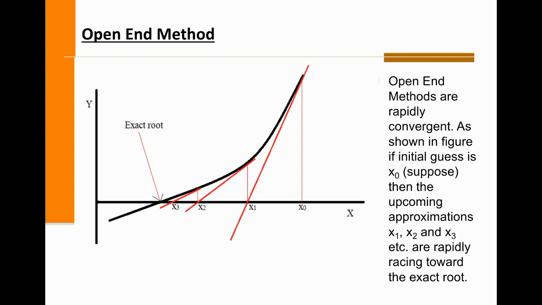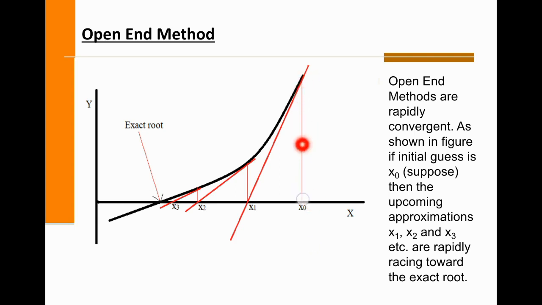So this is one graphical view of an open-end method. For simplicity, I have taken the idea of Newton-Raphson because Newton-Raphson is an open method. You can see this is your x naught, the initial approximation. In Newton-Raphson we need only one initial approximation.